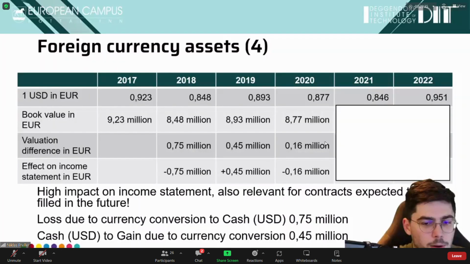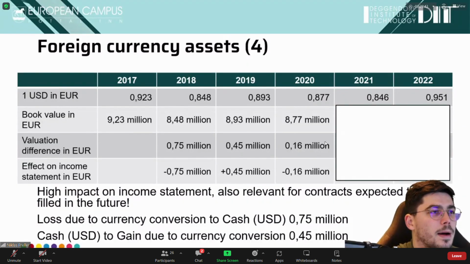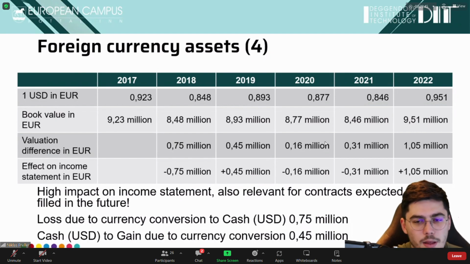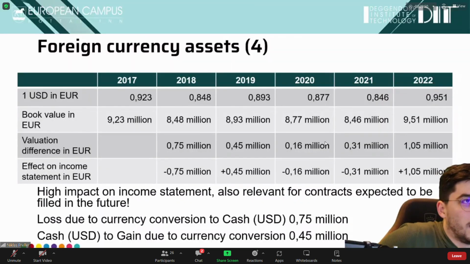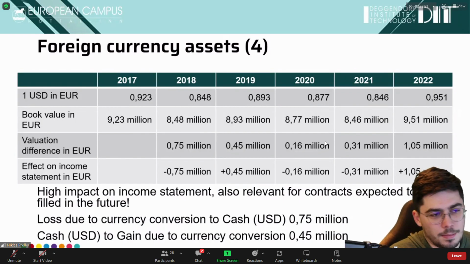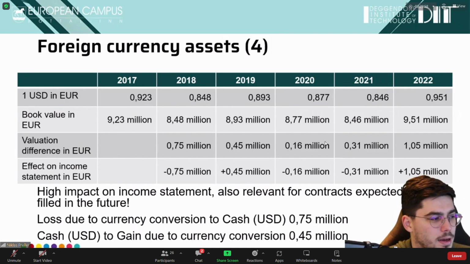Yeah, there will be a loss in 2020, yeah. And gain in 2022. And gain in 2022, yeah. So we have 1.05. Yeah, we have then in 2022 a massive gain in that asset on our bank account, yeah.